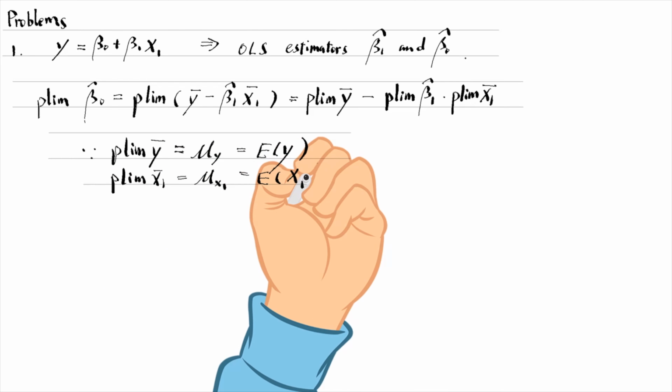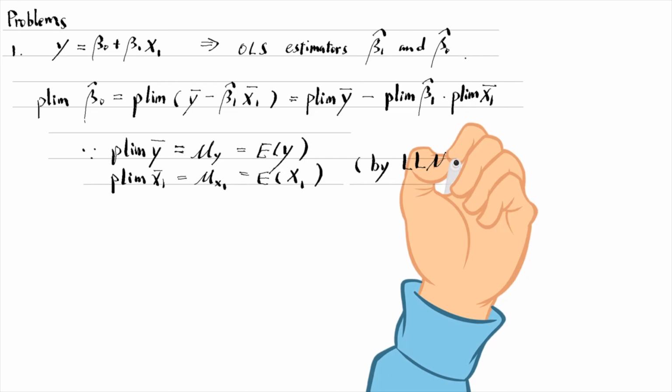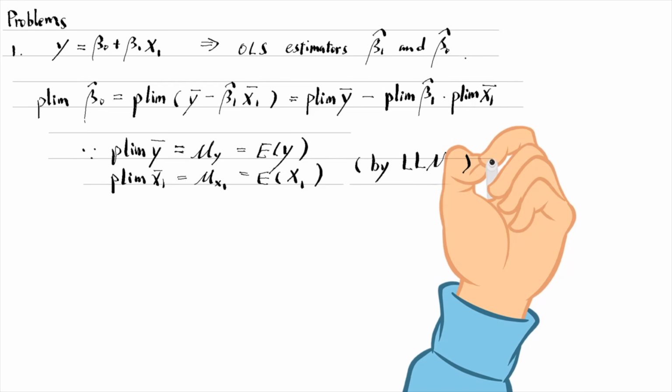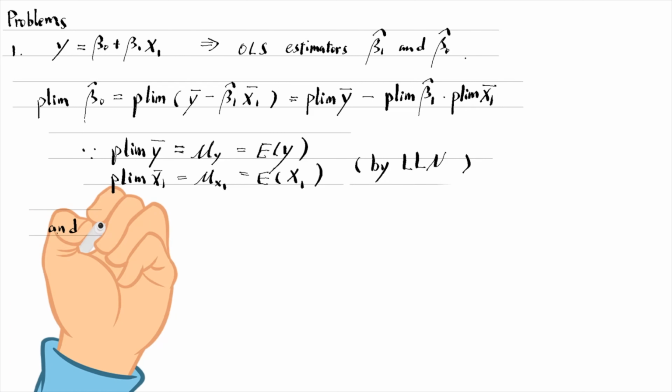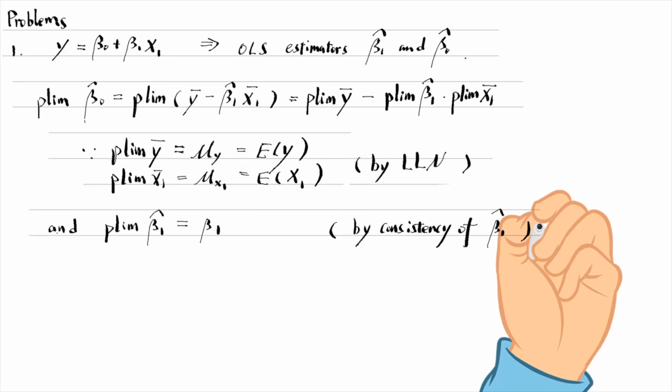Similarly, the probability limit of the sample mean of x1 equals the population average mu x1, or the expected value of x1. We also have the consistency of beta 1 hat. That is, the probability limit of beta 1 hat equals the true parameter beta 1.